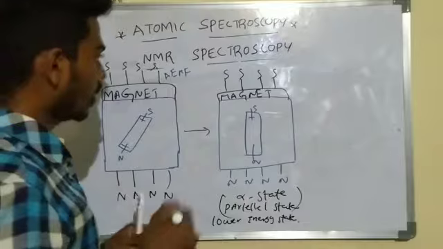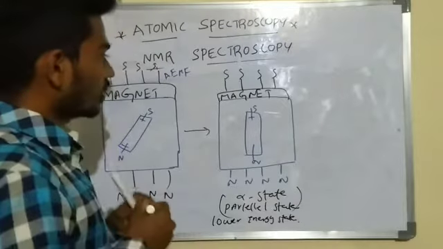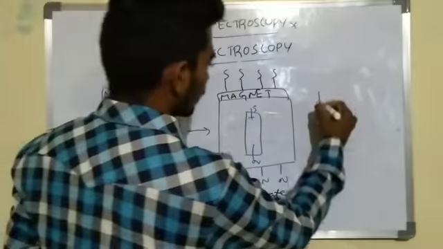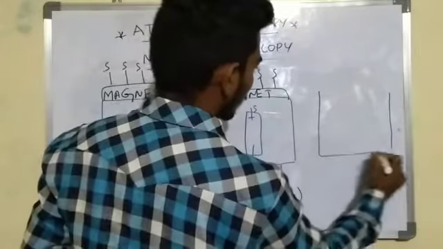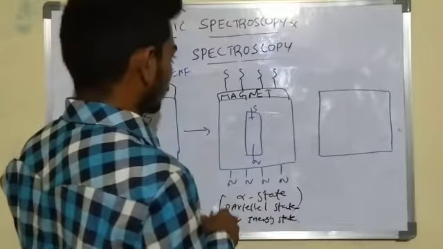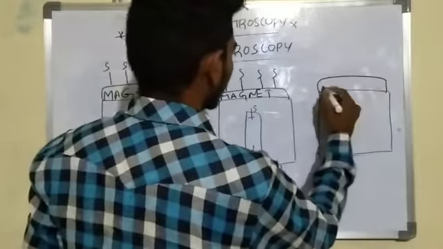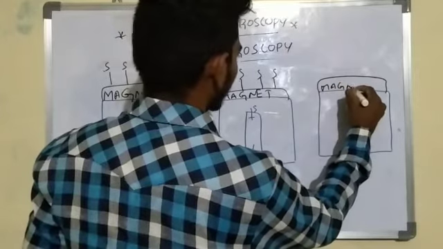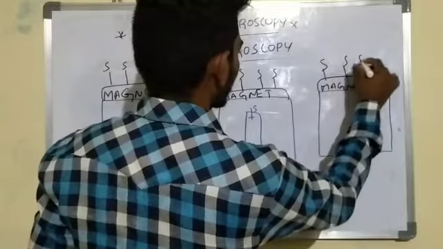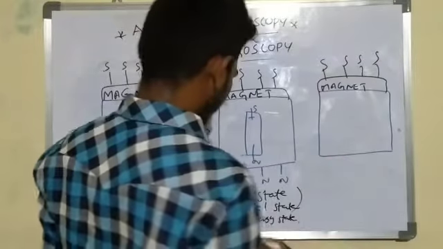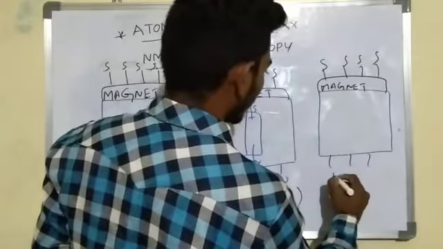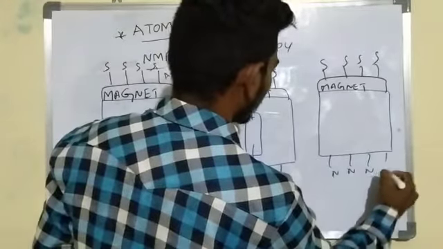And now, consider the situation in the opposite direction. This is the south pole, and this is the north pole of the applied magnetic field.